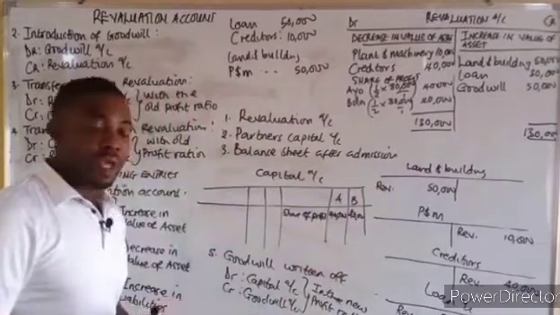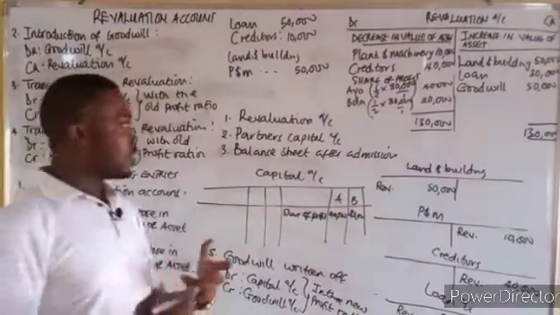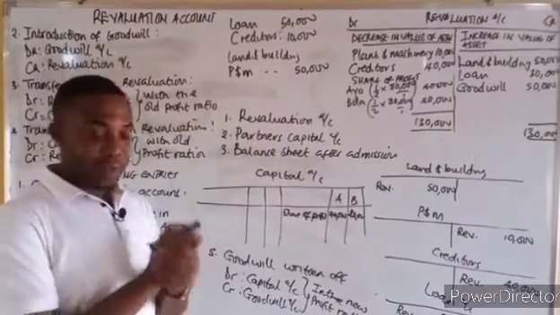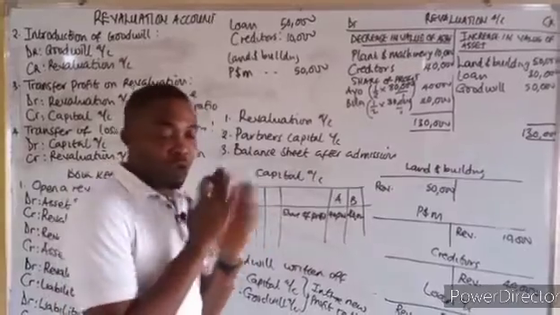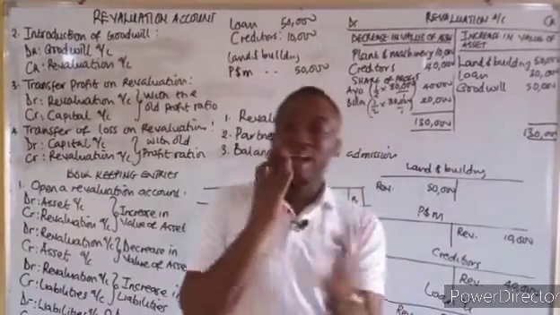So these three accounts, they'll actually ask you to prepare: the revaluation account, the partners' capital account, and the balance sheet after admission or revaluation. So that's the revaluation account.